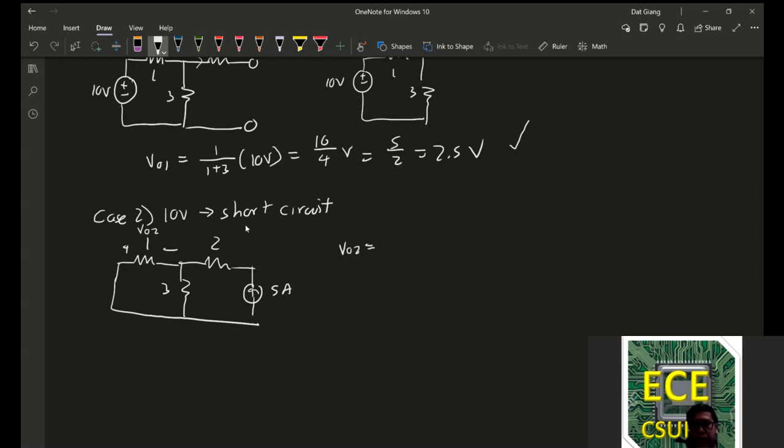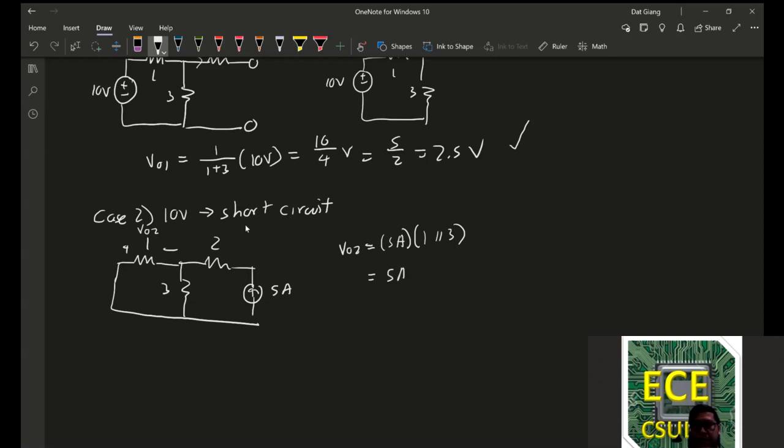So the voltage in this situation is just going to be V out 2 equal to basically 5 amps times the parallel combination of the two. So we have 1 in parallel with 3, and that gives our superposition voltage for case 2.